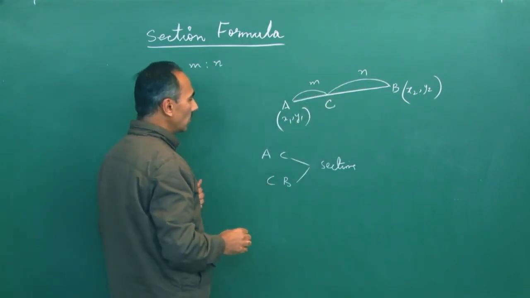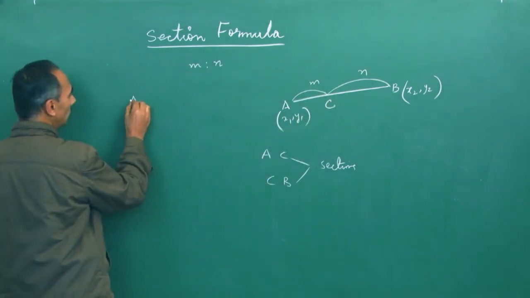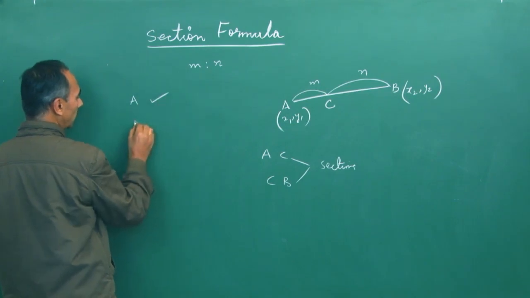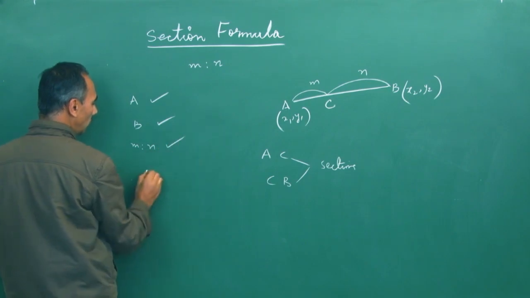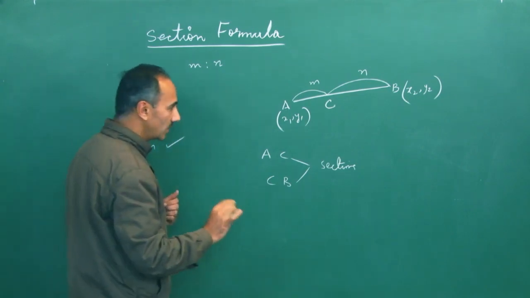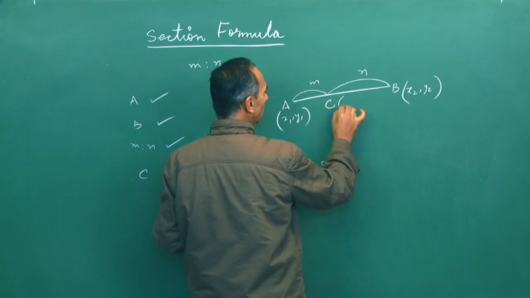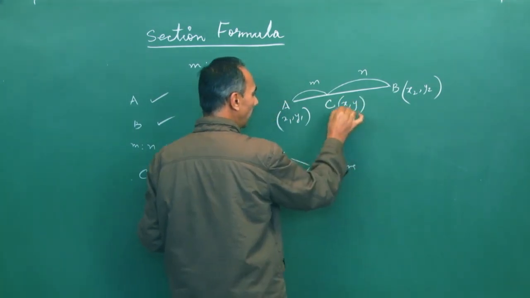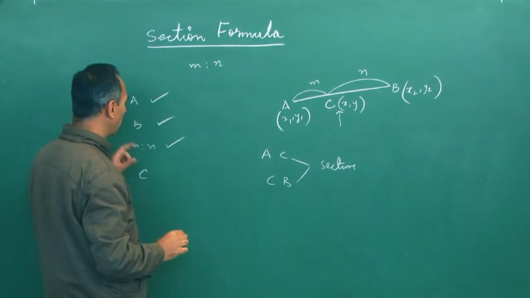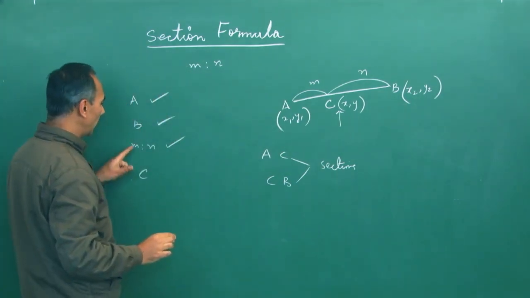So the coordinates of A are given to you. I put a tick for A. The coordinates of B are given to you. The ratio M is to N is also given to you. And you are asked to find the coordinates of C. So I suppose that the coordinates of C are x, y. So I have to find the coordinates of C provided the coordinates of A, the coordinates of B, and the ratio are given.